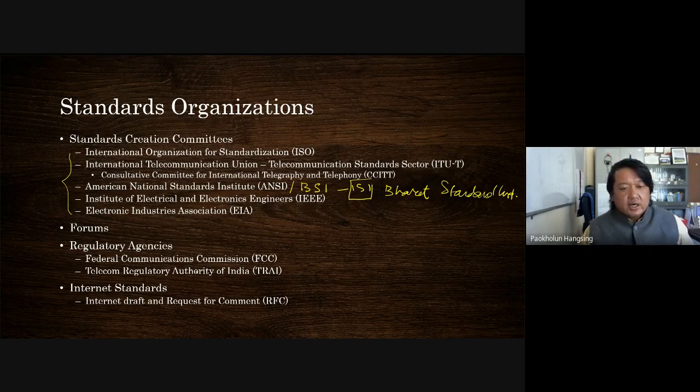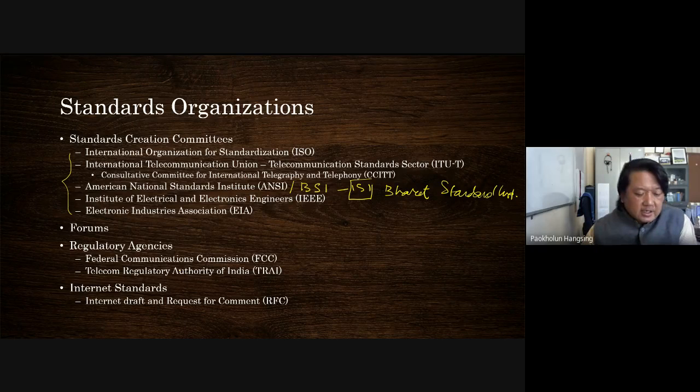Similarly, we have a Telecom Regulatory Authority of India, which is also responsible for the protection of the same in our country. So therefore, these are regulatory authorities. Basically, they control or look after the telecommunication industries, so that the users, the consumer, or the public interest is not compromised.